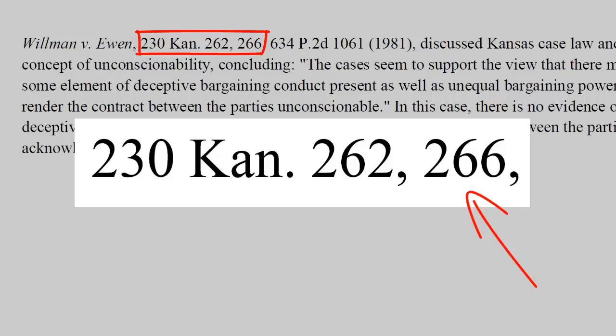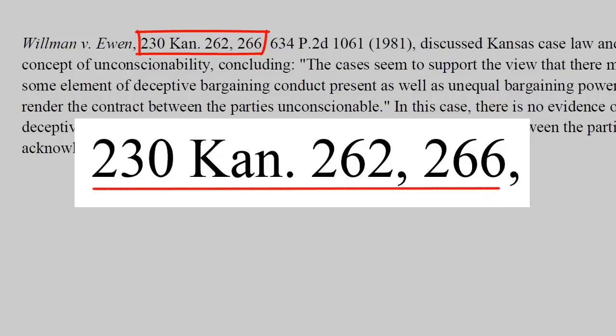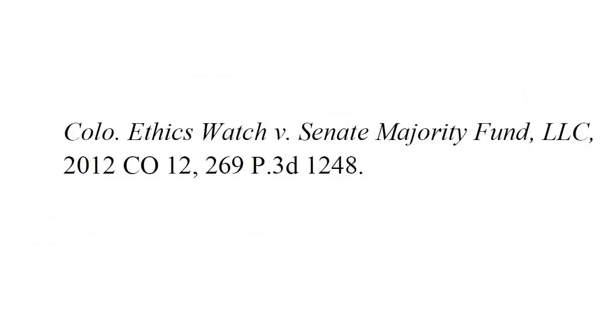So if the decision is published in volume 230 of the Kansas Reports and starts at page 262, and a specific passage being referenced is at page 266, the cite element would conclude 262, 266.